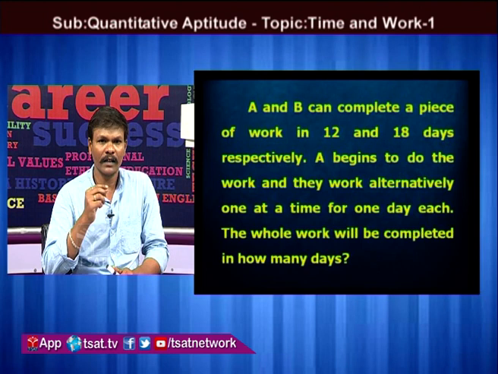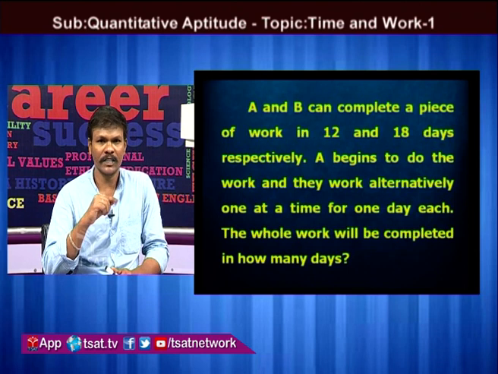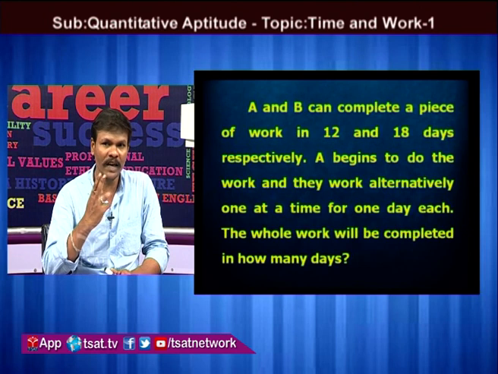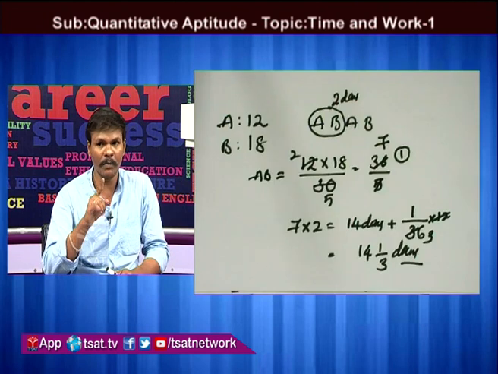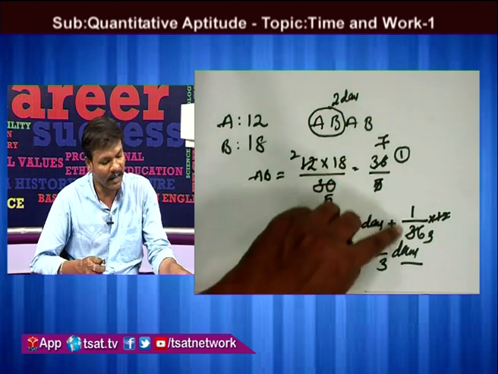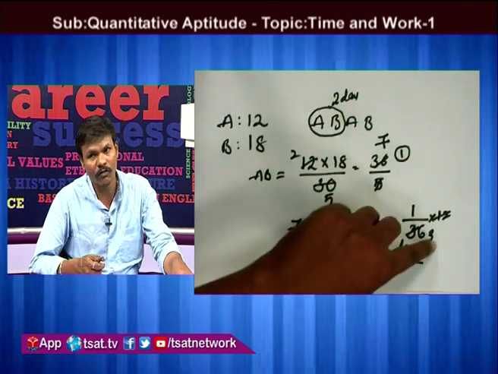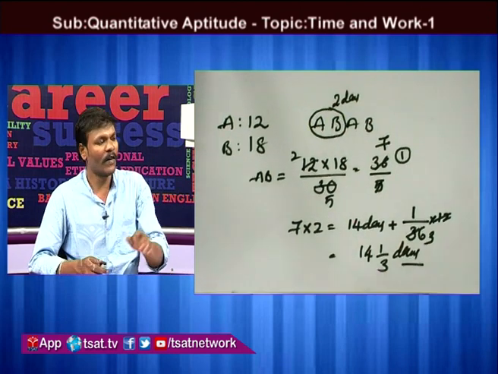When we take the multiplication as the numerator and the addition as the denominator, we take 36 by 5, that is 5 7s are 35, so 7 is the result. That 7 with the 2 days each means 7 2s are 14 days, and the remaining work is 1/36, which will be completed by A of 12 days. So 1/36 of 12 days is 1/3. So the total working days is 14 1/3 days.